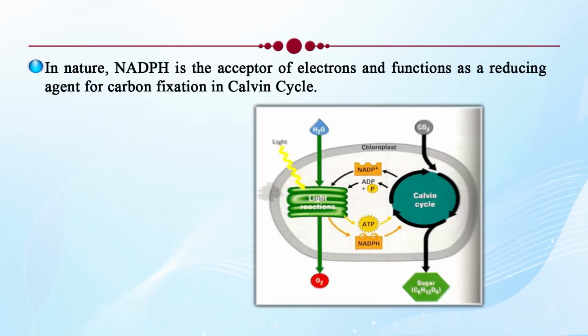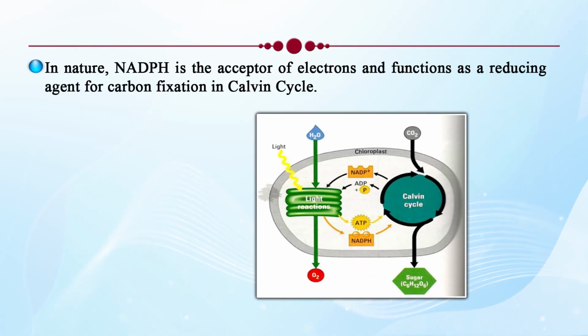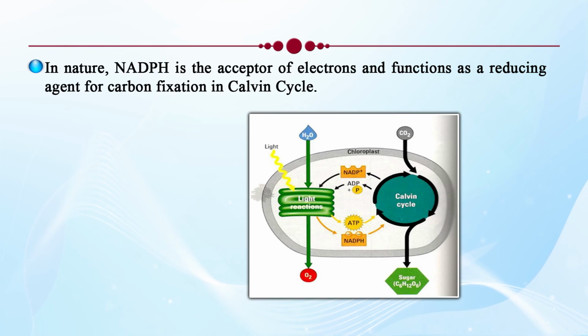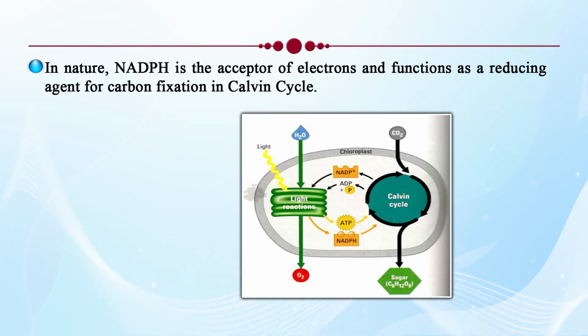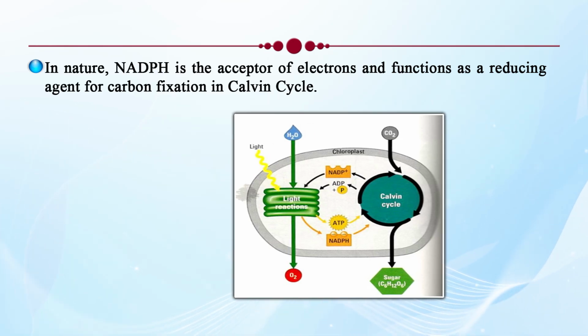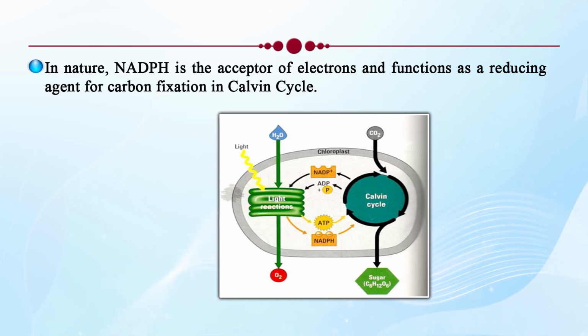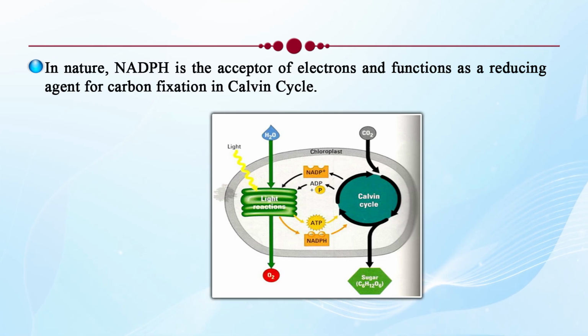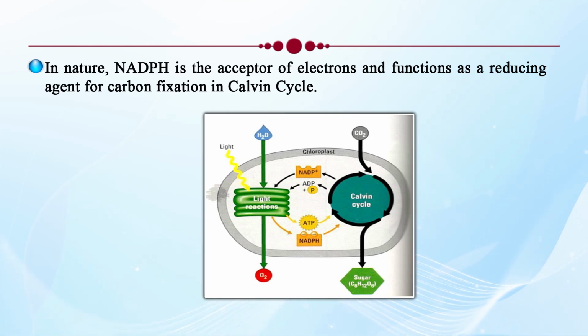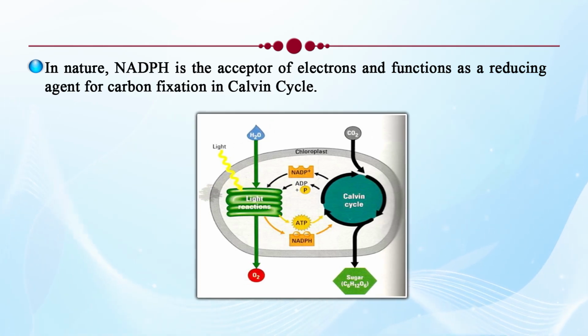But then what actually happens in nature? In nature, NADPH, which is the reduced coenzyme 2, nicotinamide adenine dinucleotide phosphate in a reduced form, is the actual acceptor of electrons, and by this account it functions as a reducing agent.